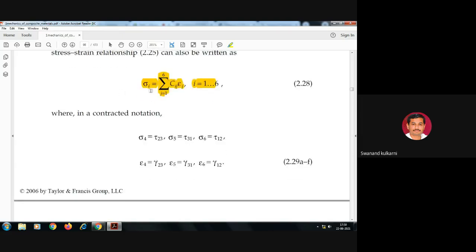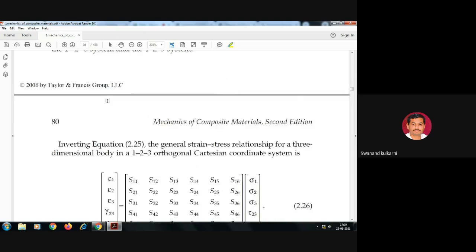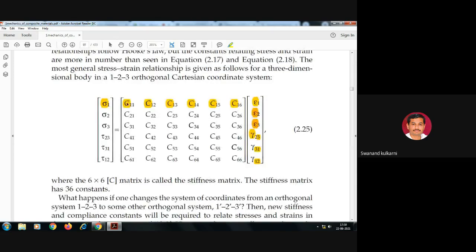So sigma i represents i is equal to 1. In order to identify this sigma 1 here, I want to multiply each and every row element by the column element, where i is going to remain constant. 1, 1, 1, 1, 1, that is going to remain constant here. But this j is going to vary.